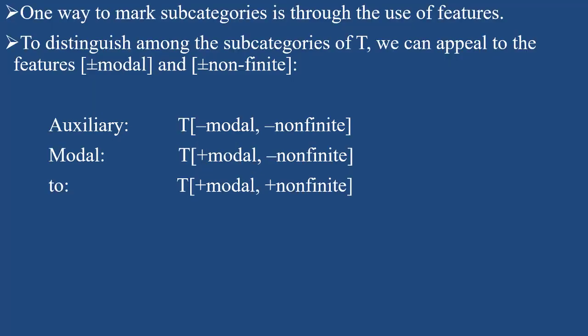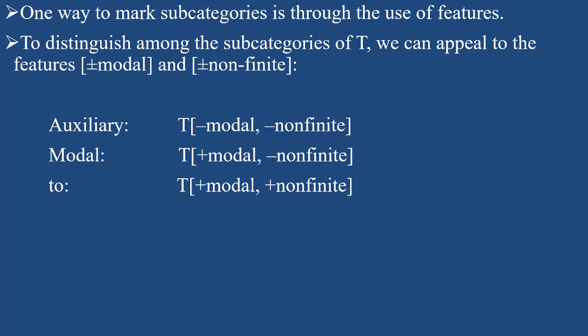One way to mark subcategories is through the use of features. We use features to mark categories or subcategories. To distinguish among the subcategories of tense, for example, we can appeal to the features plus/minus modal and plus/minus non-finite. An auxiliary is minus modal and minus non-finite.